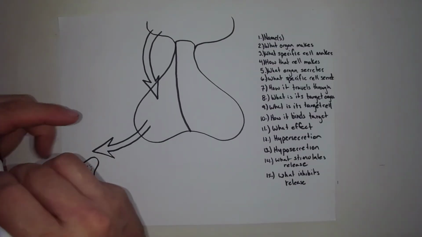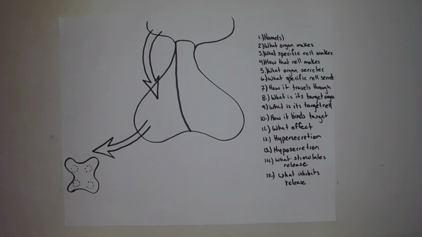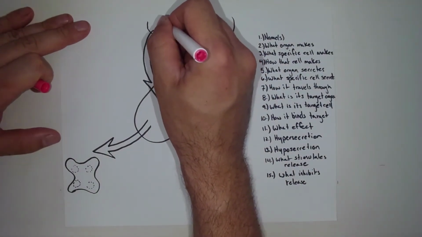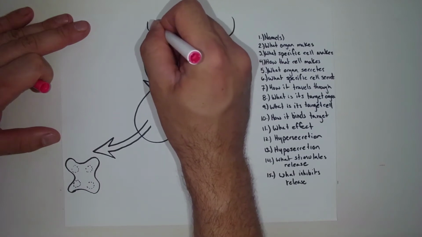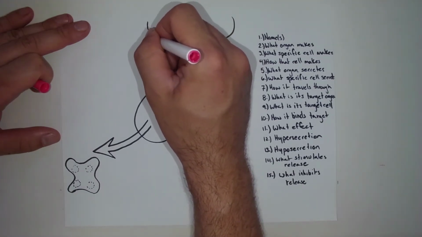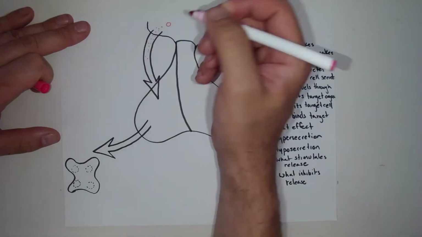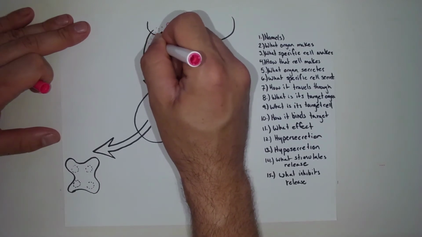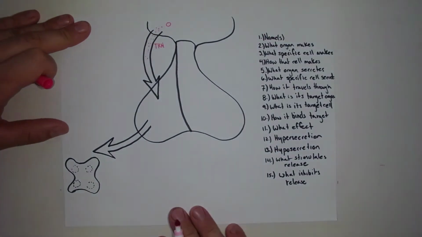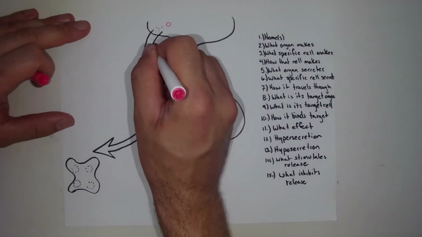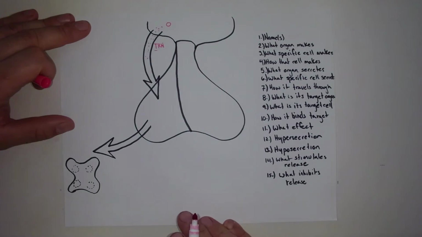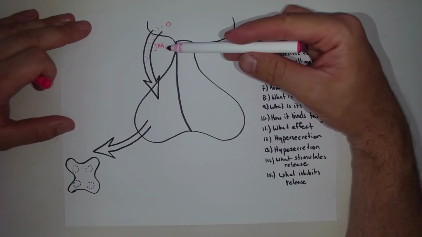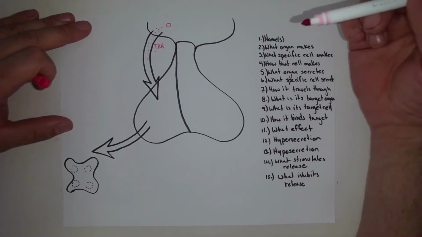But let's do this one in the case of the hypothalamic hormone thyrotropin releasing hormone, or TRH. Thyrotropin releasing hormone, or some people will say thyroid releasing hormone. Okay, the names for it are thyrotropin releasing hormone or thyroid releasing hormone.